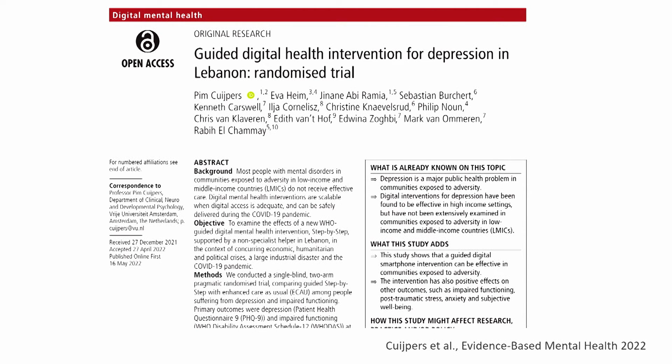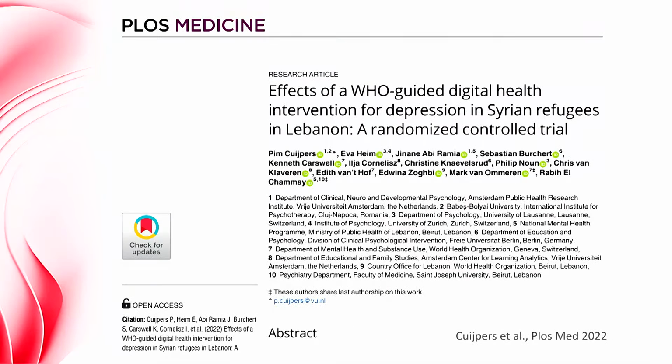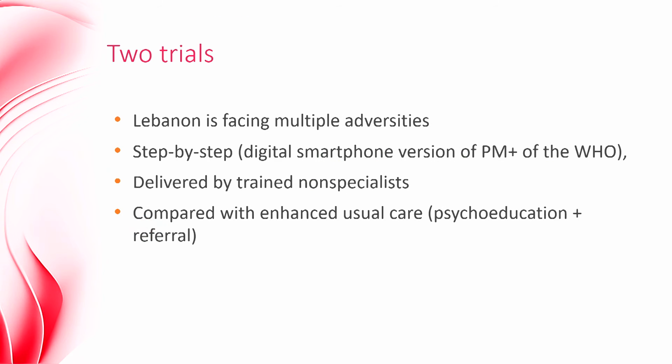One of them was published last year in Evidence-Based Mental Health, and the other in PLOS Medicine. I don't know if you know Lebanon, but there is a lot going on. The political situation is very complicated.